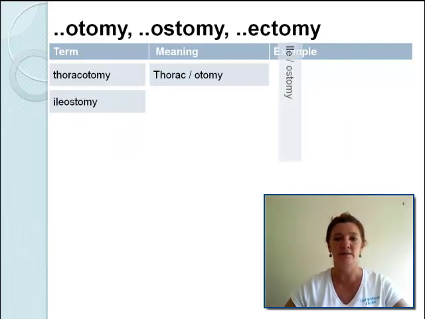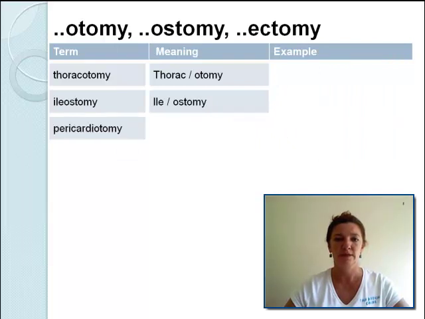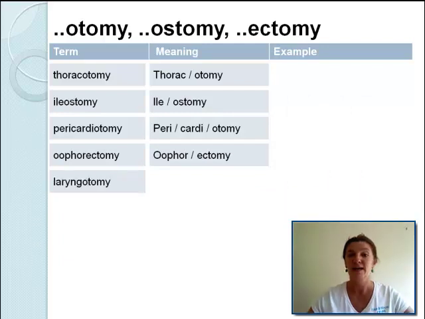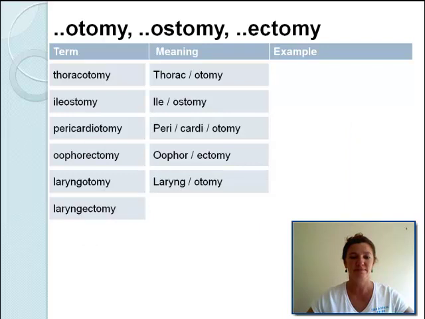Ileostomy. Let's break it down. Pericardotomy. Oophorectomy. Laryngotomy. Let's break it down. A laryngectomy.